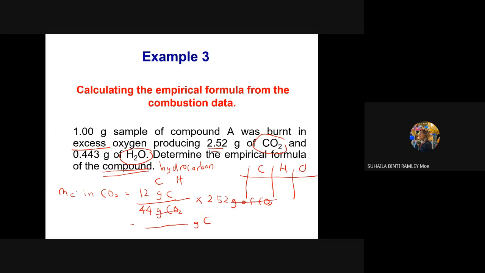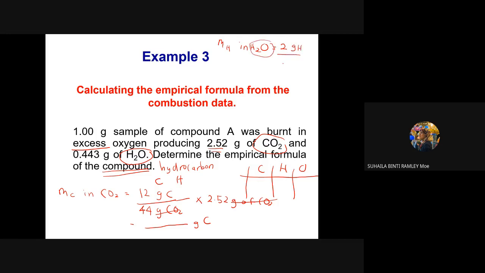Same goes for hydrogen. So the mass of hydrogen in H2O. We only have hydrogen in H2O. So in H2O, how many moles of hydrogen? 2. So 2 gram hydrogen over the total mass of water.